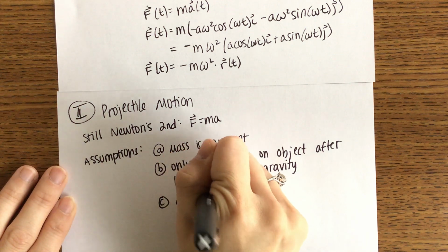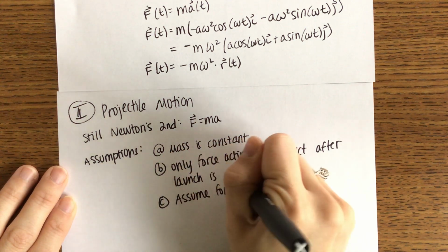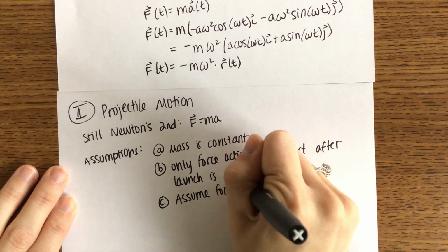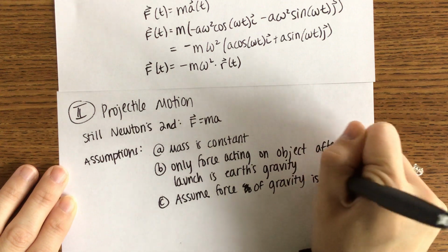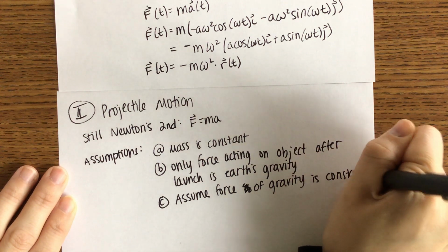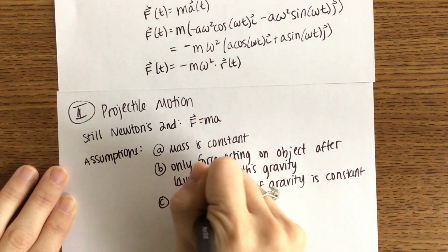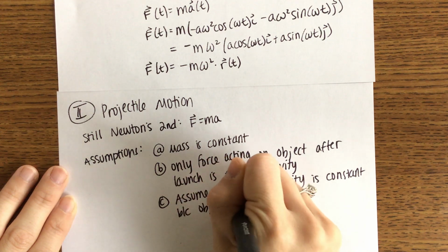Lastly, we are going to assume that the force of gravity is constant, because the object is sufficiently close to Earth.